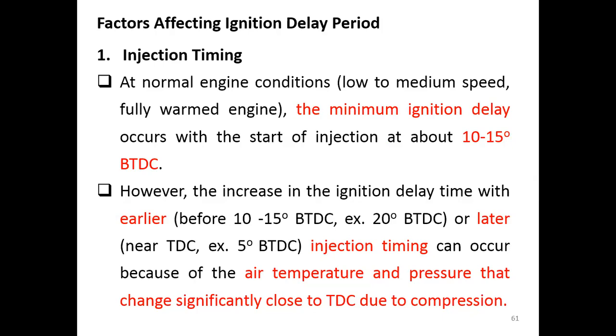The first one is the injection timing. At normal engine conditions, whether it's a low to medium speed diesel engine and a fully warm engine, the minimum ignition delay occurs with the start of the injection at about 10 to 15 degrees before top dead center.